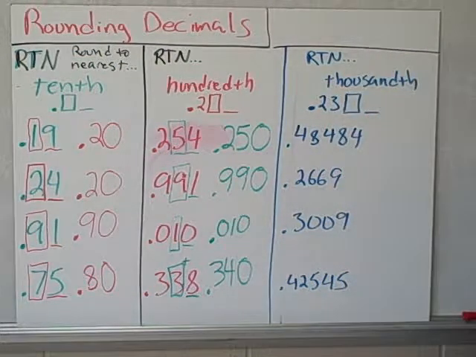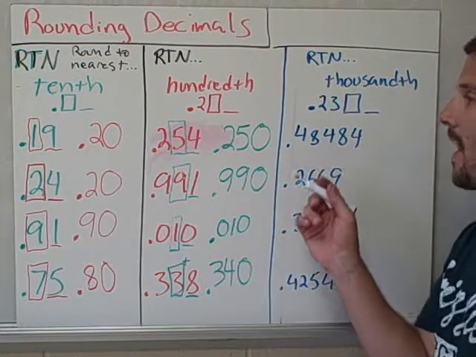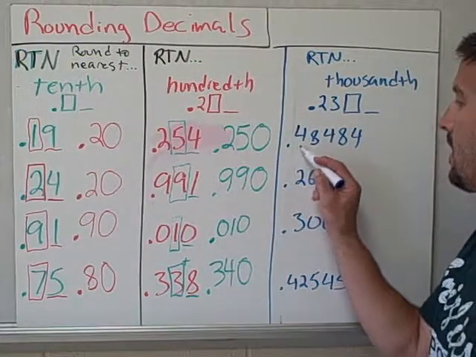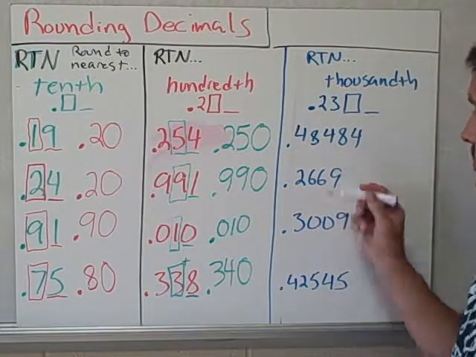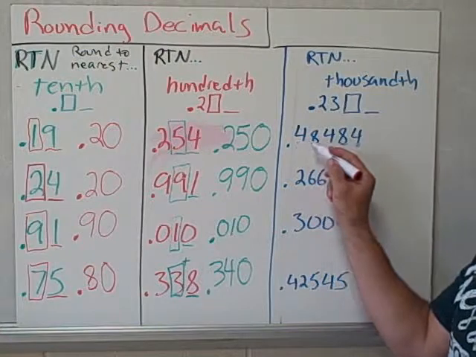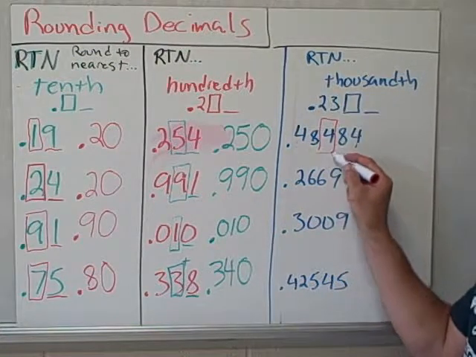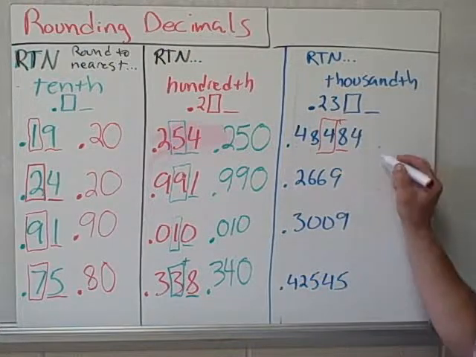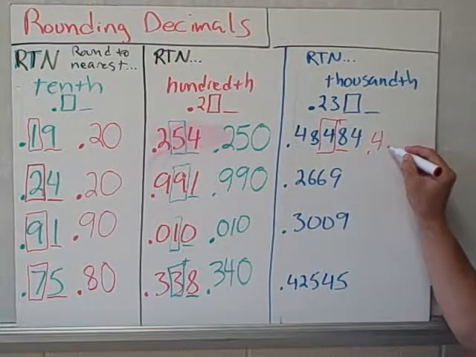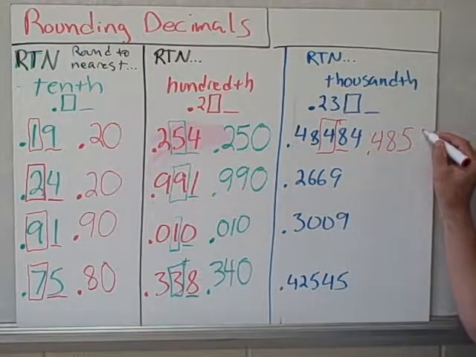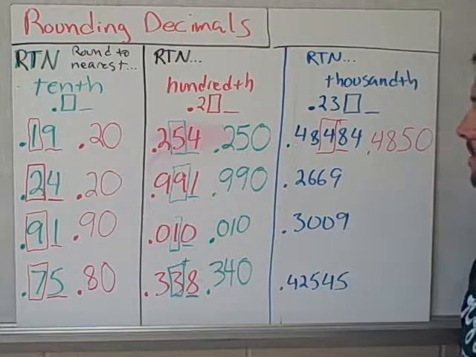All right, let's go to the thousandths place. I'm going to have to count, and I'm going to have to remember all of these words. I'll go through these quickly. Tenths, hundredths, thousandths. I underline this one. This one's bigger, so I'm going to add 1. 0.485, and I can make that a 0 if I'd like.